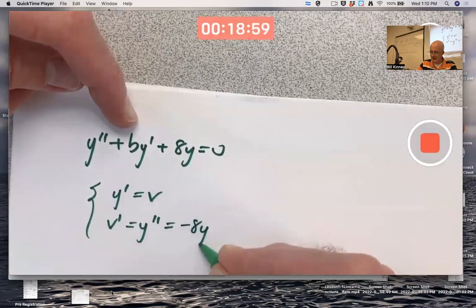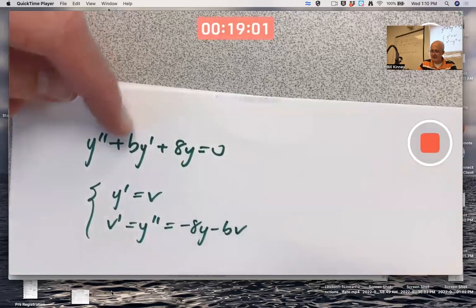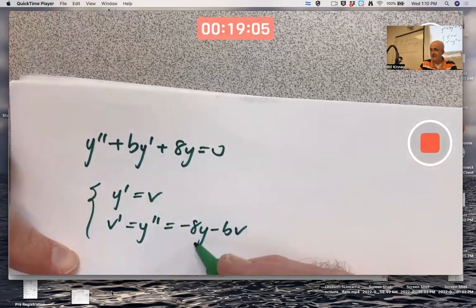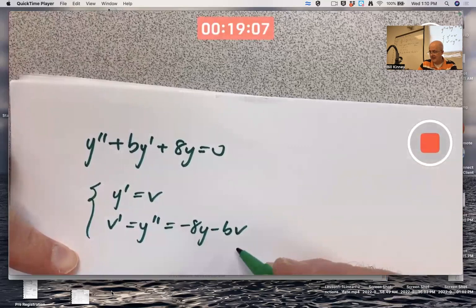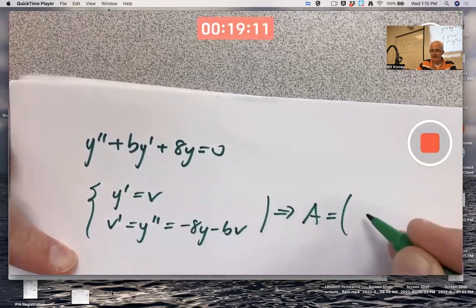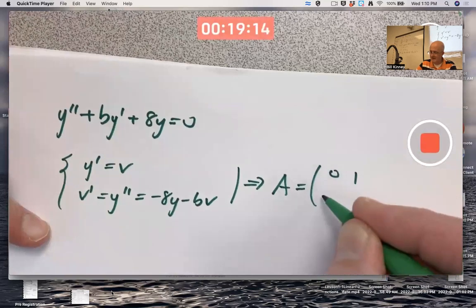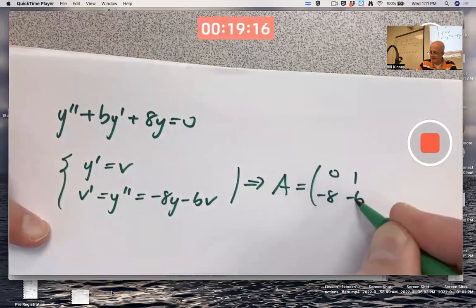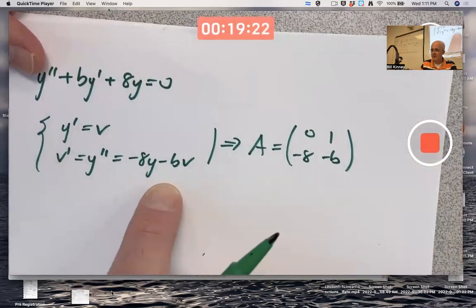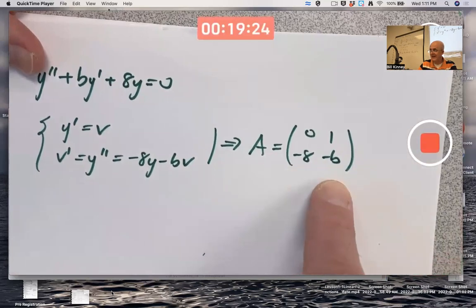Negative 8y minus bv. If the y equation is first and the v equation is second, it's best to put the y term first and the v term second so that you get the right matrix. The matrix would be a first row of 0, 1 and a second row of negative 8, negative b. If you did these the other order, you'd mistakenly write negative b, negative 8, but that would be wrong.